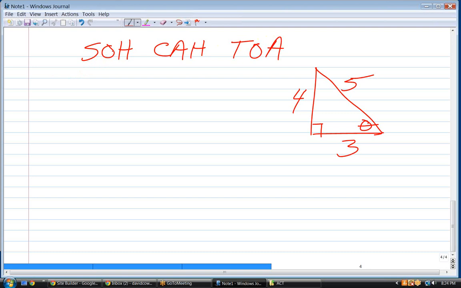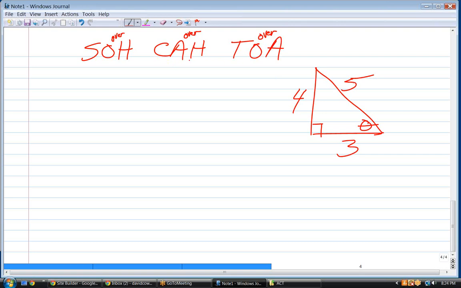So every O in this thing means opposite, not over. There's a little hidden over right there, and there's a little hidden over right there. So sine means opposite over hypotenuse, in this case 4 over 5.